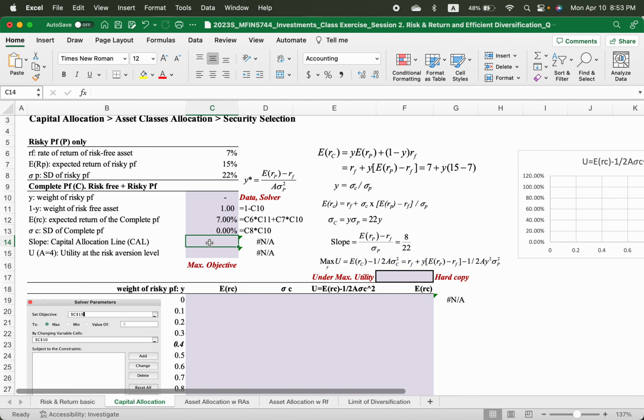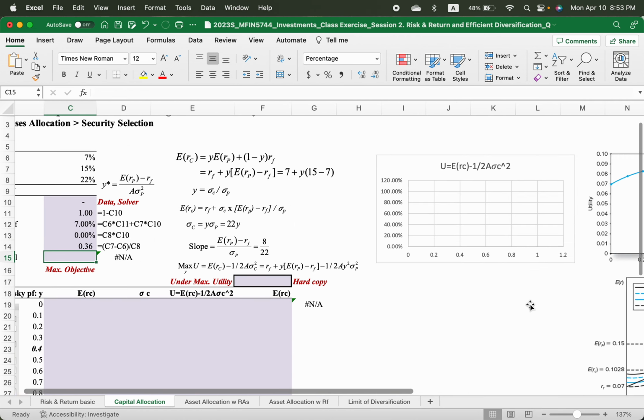So it doesn't matter because they share the same slope. So it equals the expected rate of return of the risky portfolio minus 7%, the numerator, which is the excess return, over the risky portfolio's standard deviation. So we have this slope, right?